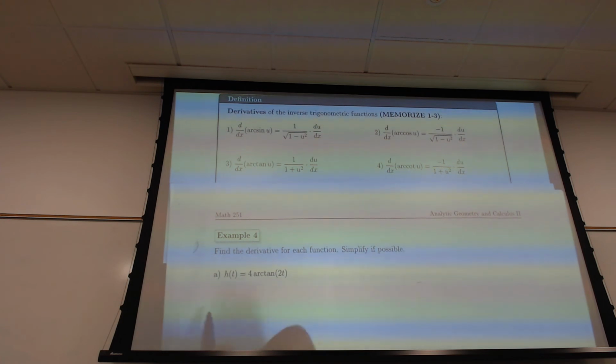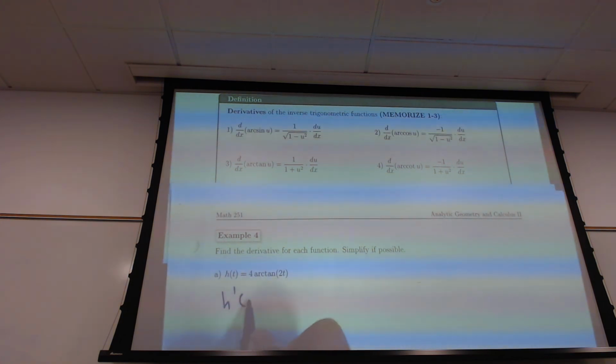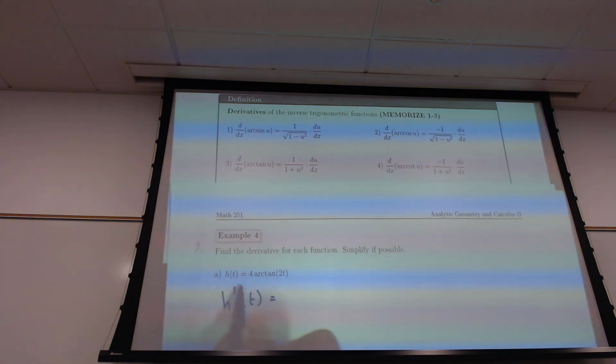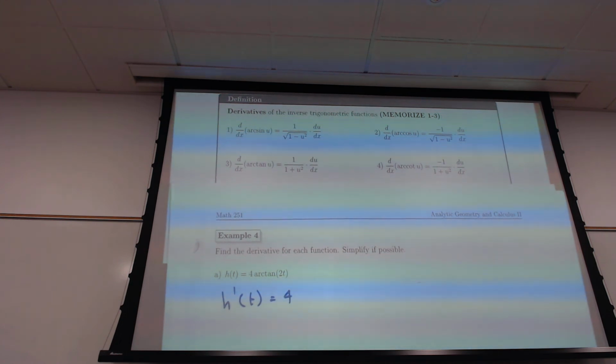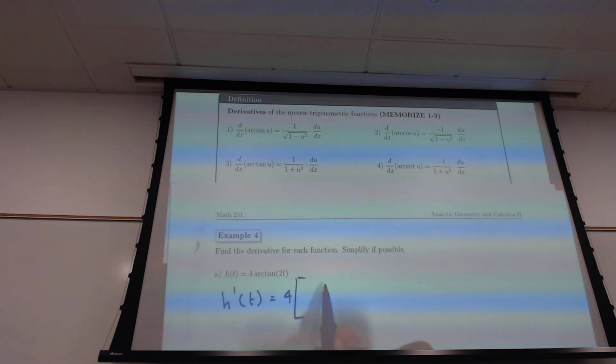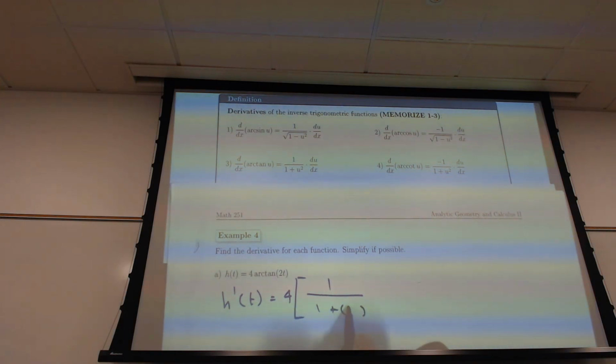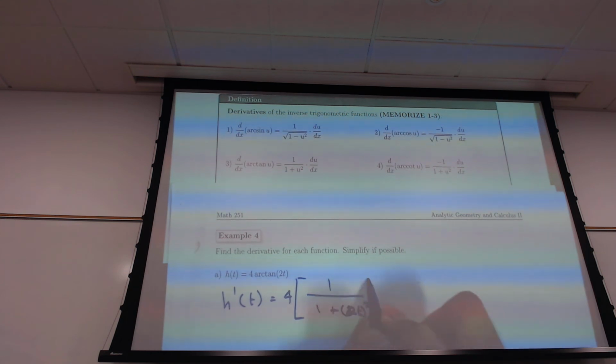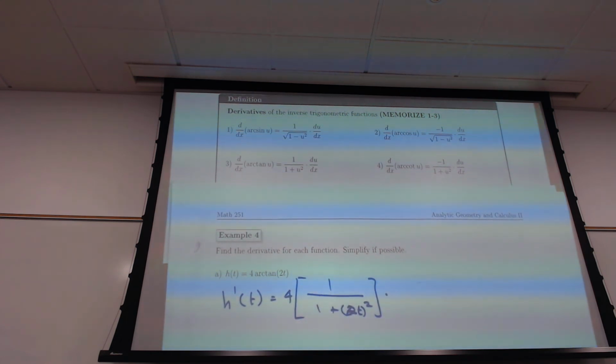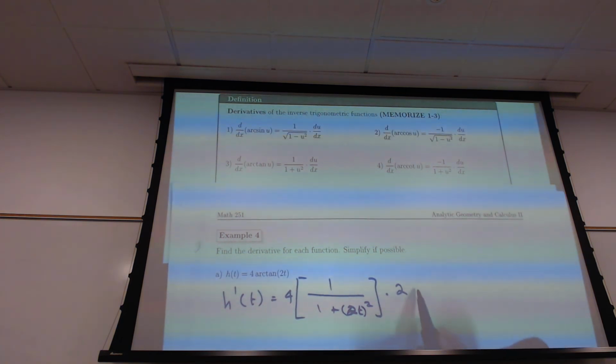So h prime of t is going to be that constant multiple 4 times the derivative, which is 1 over 1 plus 2t squared, times the derivative of 2t. And what's the derivative of 2t? 2. Well, all we need is to simplify this one.